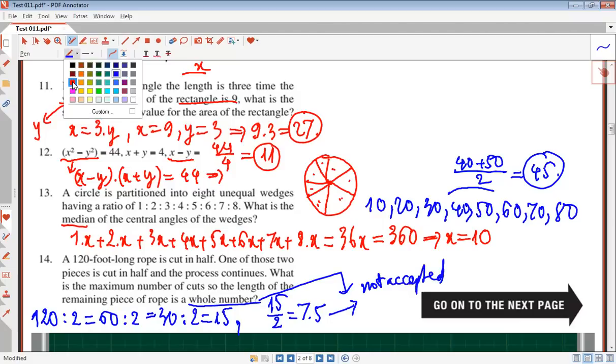Hence, the maximum number is 1, 2, 3. The maximum number is 3. The length of the remaining piece of rod is a whole number after 3 cuts.